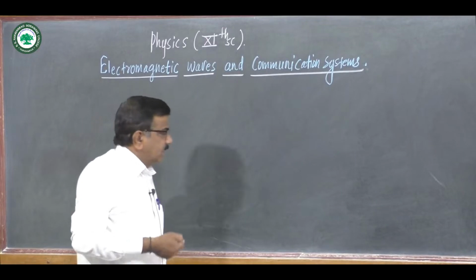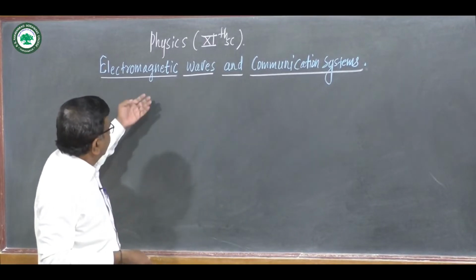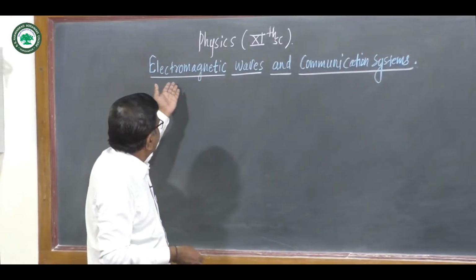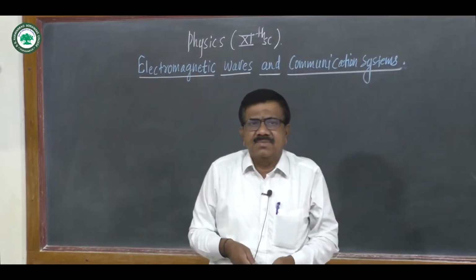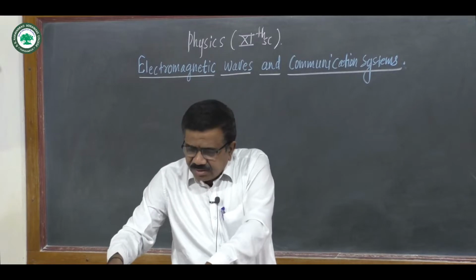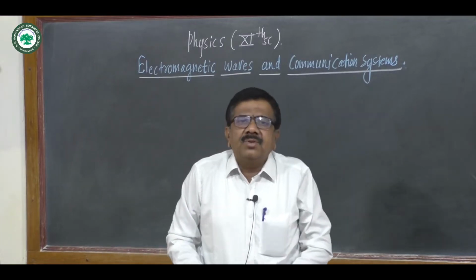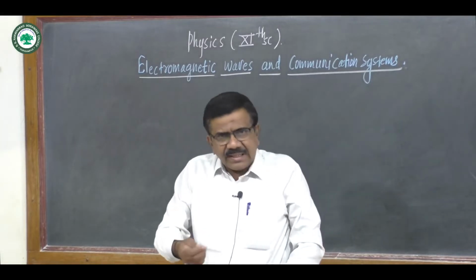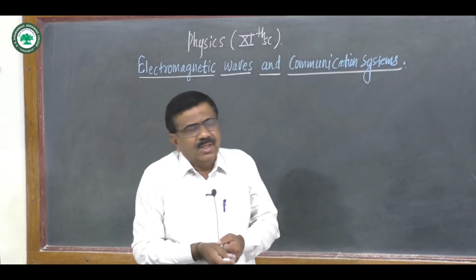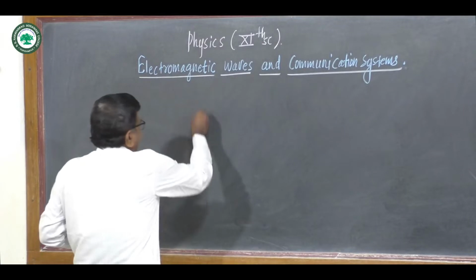In the last lecture we studied the 11th science chapter, electromagnetic waves and communication systems, and you also know about electromagnetic waves. Electromagnetic waves consist of electric and magnetic fields.